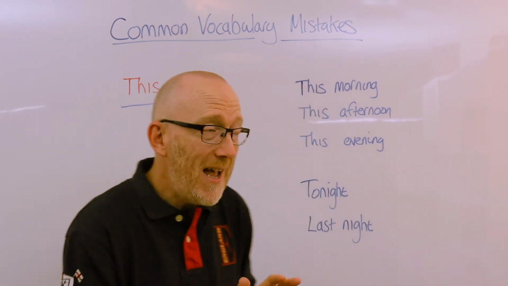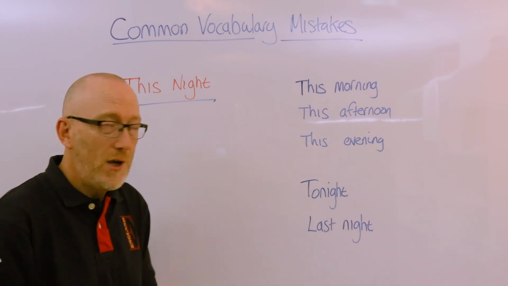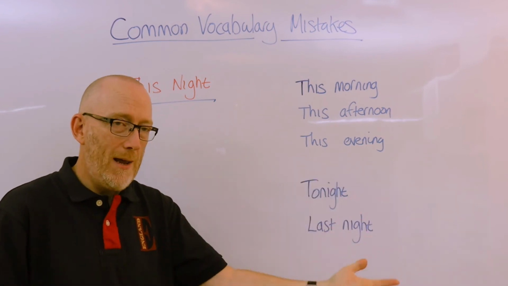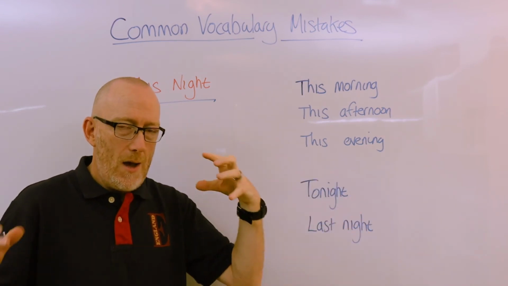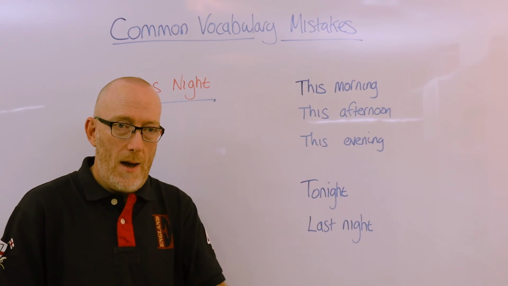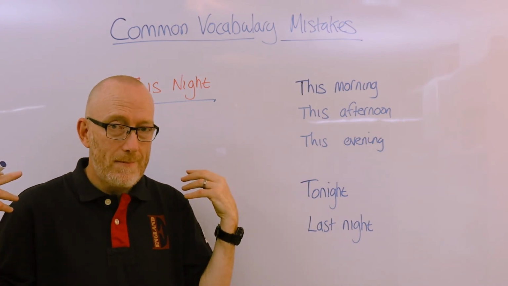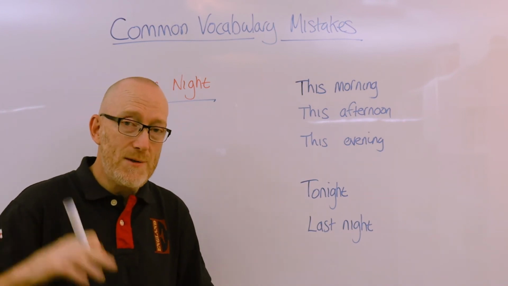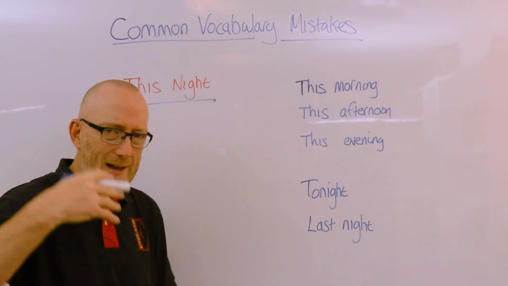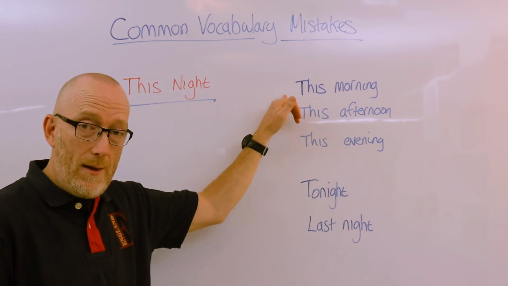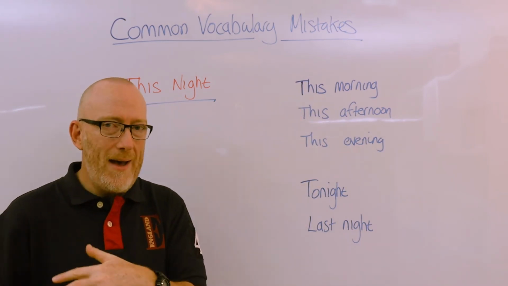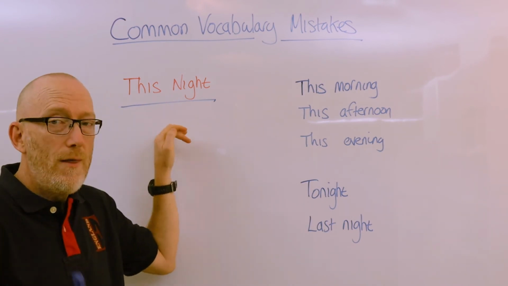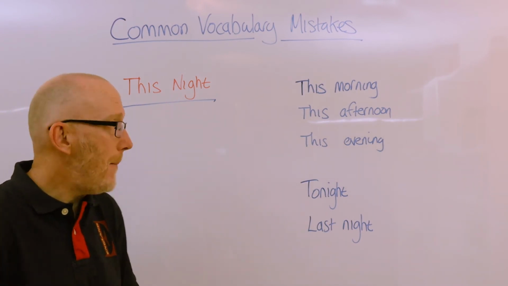And I understand because in English we do talk about this morning. Now this morning can be a present time or a past time. When I talk about this morning, if it is still morning, I'm talking about the present. But if it's late into the evening and I say this morning, I'm describing the past. So I can understand how this night might sound right, but it doesn't.